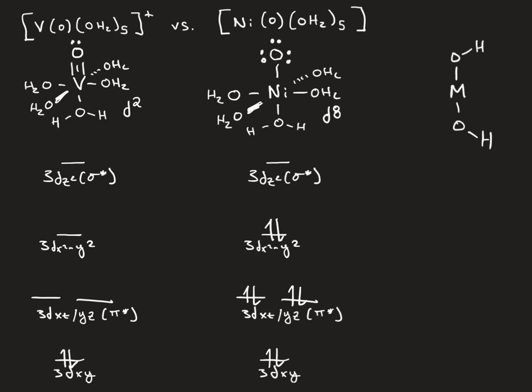In contrast, this nickel oxo, which has the single bond between the nickel and the oxygen because we have 4 electrons in those pi star orbitals, is now electron rich. This oxo is going to be nucleophilic in nature. It's going to readily act as a base, picking up protons. Therefore, the equilibrium is going to lie far towards this species here.